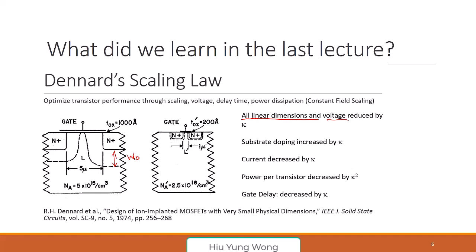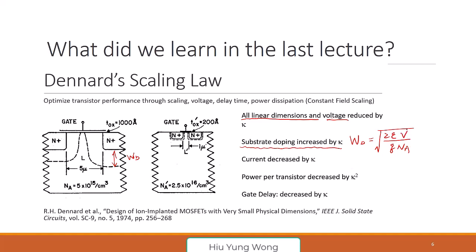It means you also need to increase the substrate dopant by kappa. The depletion width, maybe you forgot, you don't have to memorize, but I keep writing it, it's a square root. It's related to the doping concentration, related to epsilon, and more importantly, related to the voltage you apply.